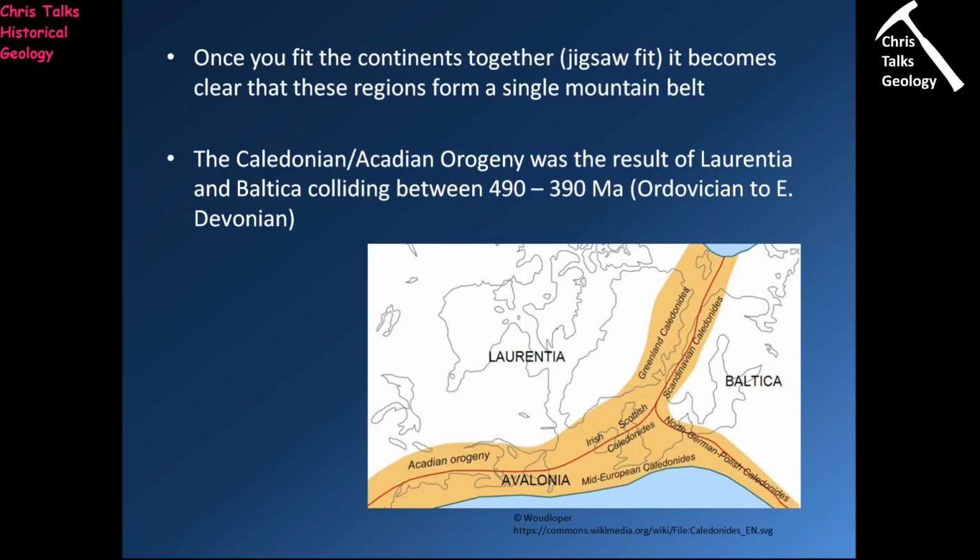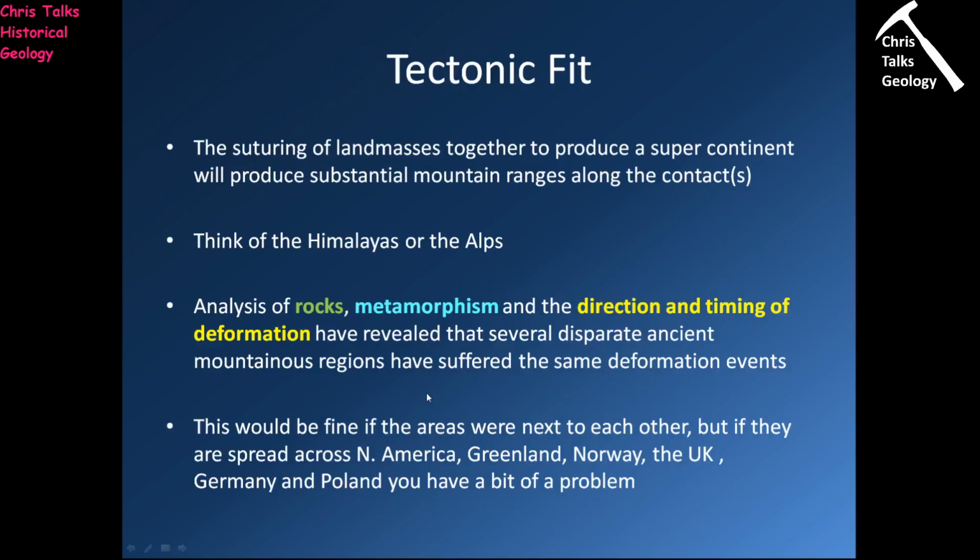And so that would mean that once upon a time, Scandinavia and Greenland crashed into each other, producing a mountain range. That mountain range was eroded away, and the two pieces of crust then separated and moved to their current position.